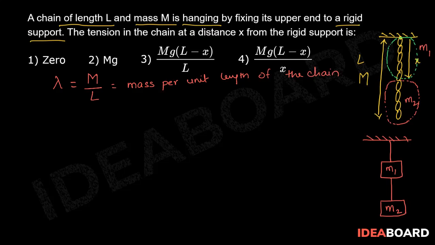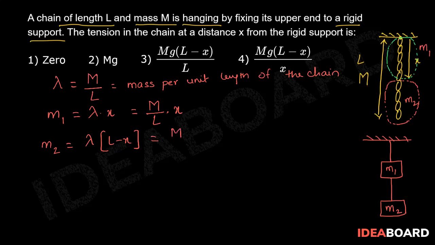Now m1 is mass of x length of chain. m1 can be written as lambda multiplied by x, so it is equal to capital M upon capital L times x, and m2 is lambda times of L minus x, which is equal to capital M upon capital L times of L minus x.